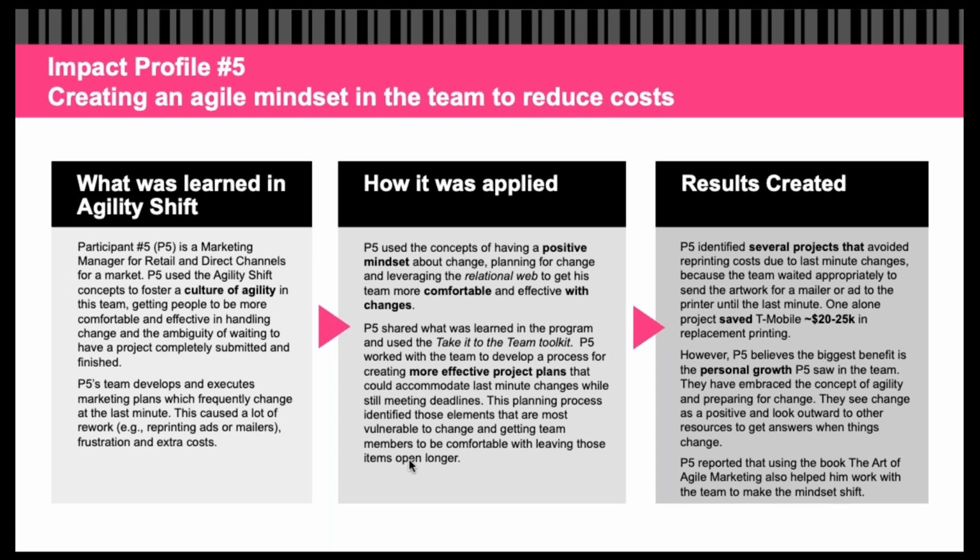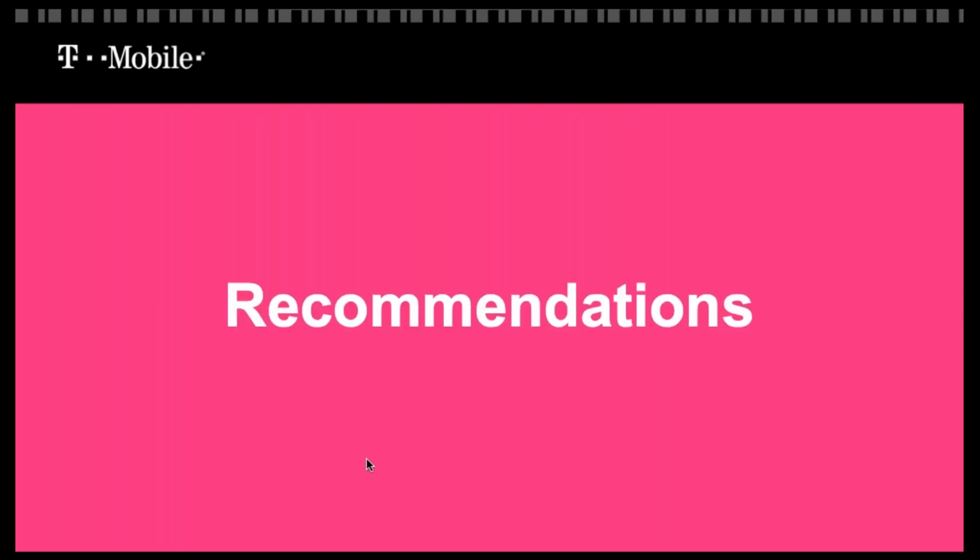So in this case, one project alone saved T-Mobile $20,000 to $25,000. Now, interestingly, and this is one of the things that I love about the success case method, right? The participant also reported that they read a book about the art of agile marketing, and that also helped them to make the mindset shift. So this is amazing because this participant left and continued their learning about agility and applied it directly to marketing. So really some great information about how Agility Shift is affecting T-Mobile.